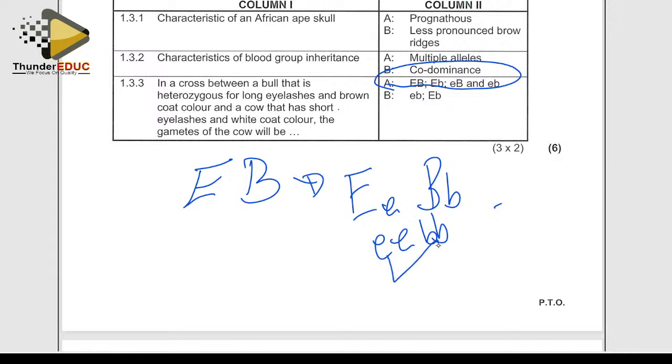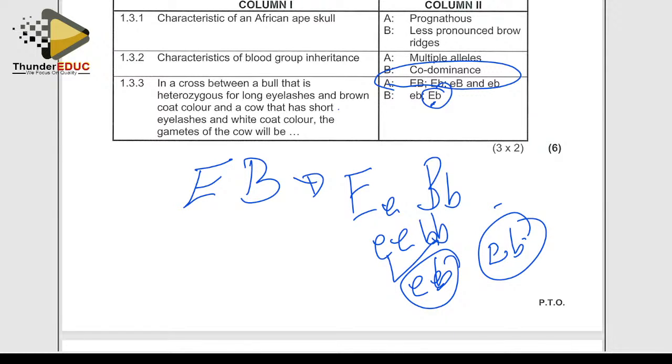So since it's this and that, all of them are going to be eb. Because the cow does not have any dominant character, this one becomes wrong also, and this one is wrong already, so the answer becomes none. So here it becomes none, here becomes both A and B, and this one becomes A only.